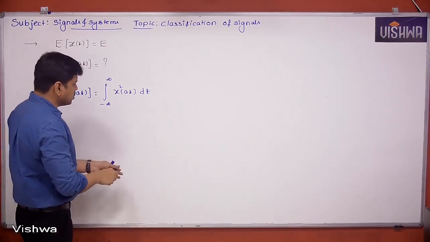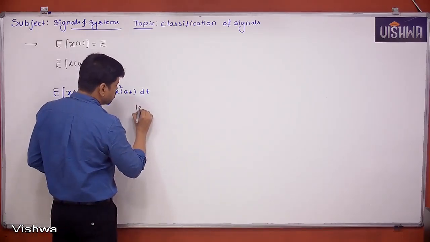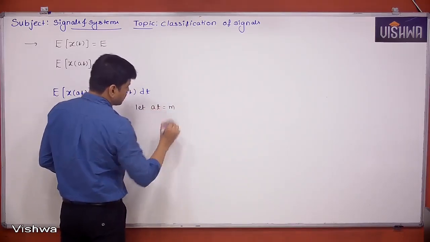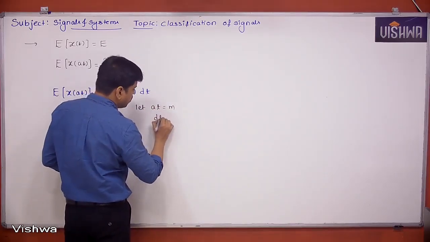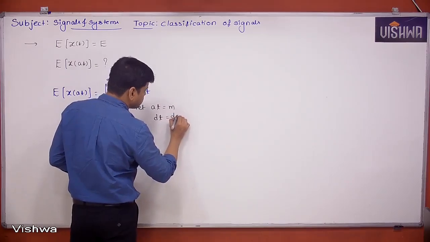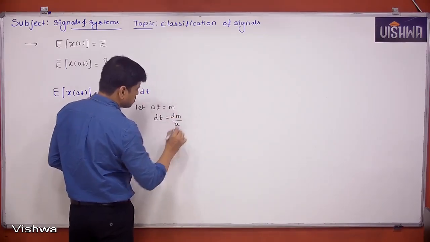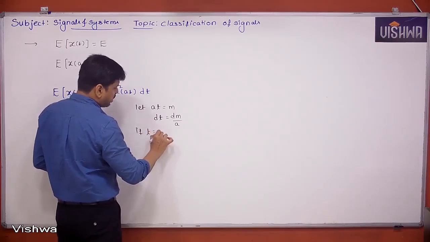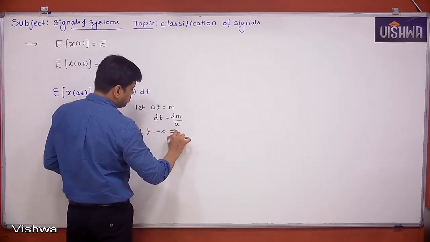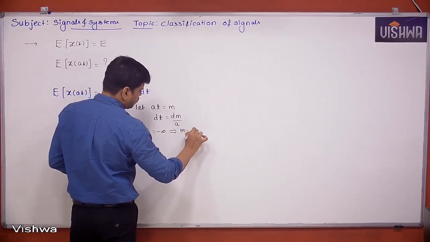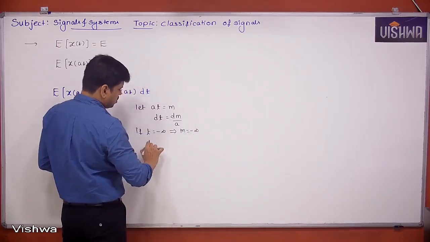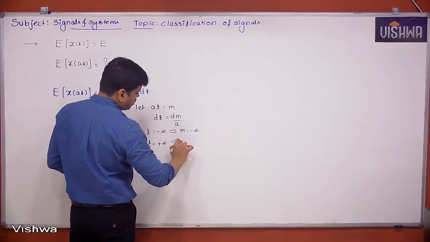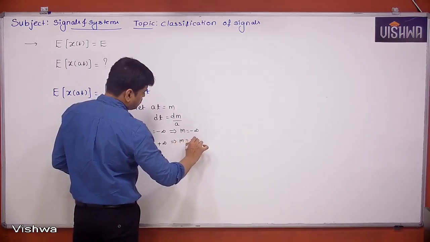Now here let at is equal to m, then dt is equal to dm by a. And if t value is equal to minus infinity, that implies m value is equal to minus infinity if a is positive. T value is equal to plus infinity, then m value is also equal to plus infinity.